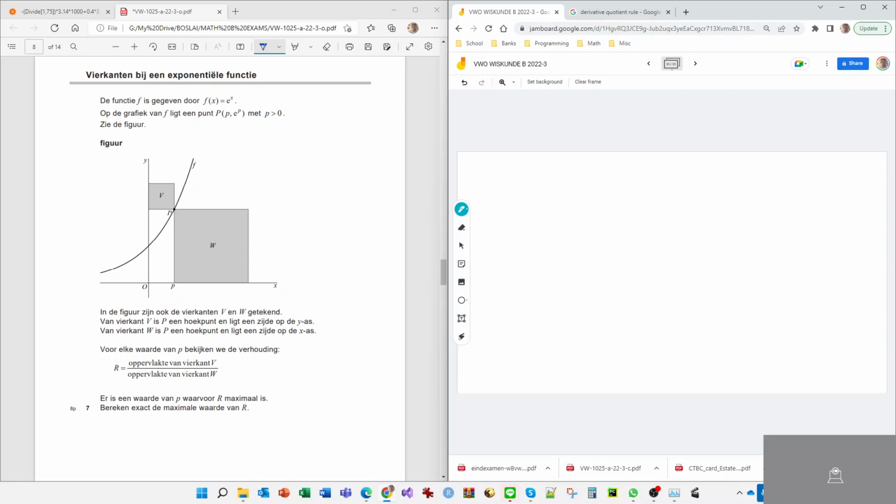P is greater than 0, and there are two squares, V and W, and you can define a ratio of the areas of these squares. And then they say there is a certain value of P for which R is a maximum. Calculate exactly, meaning that we have to do it analytically, what the maximum value of R is.